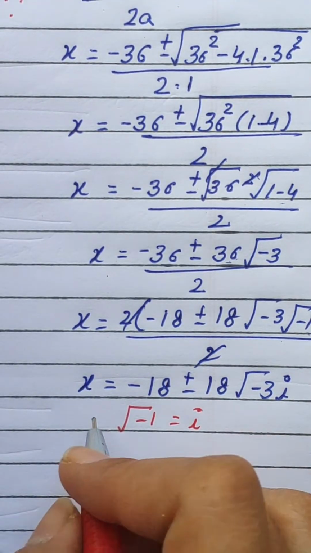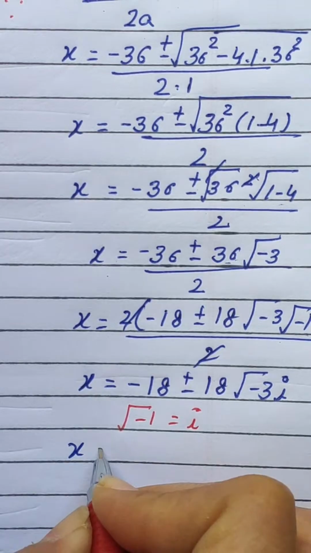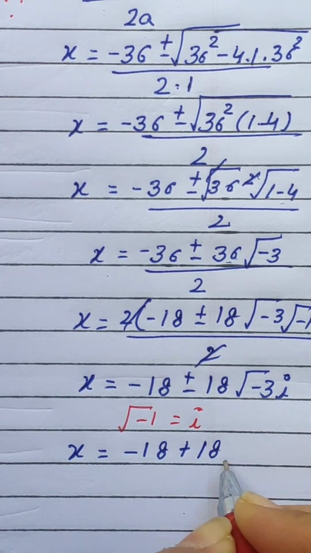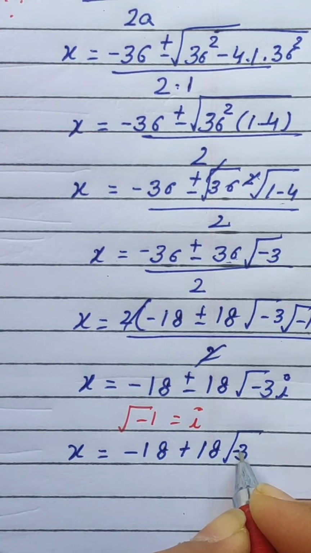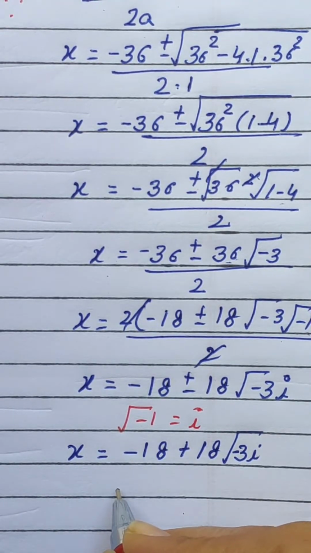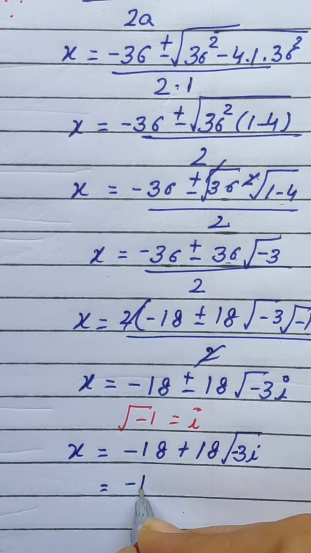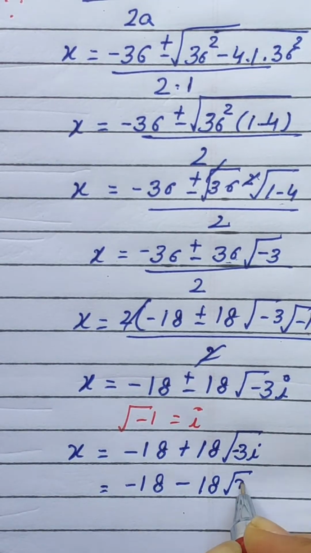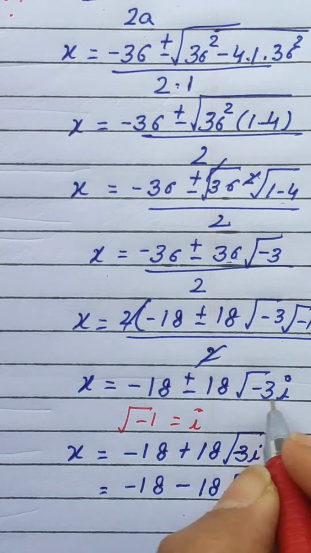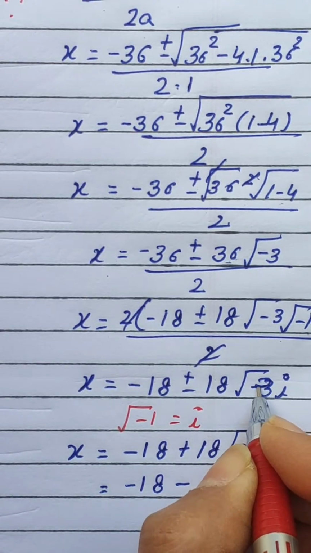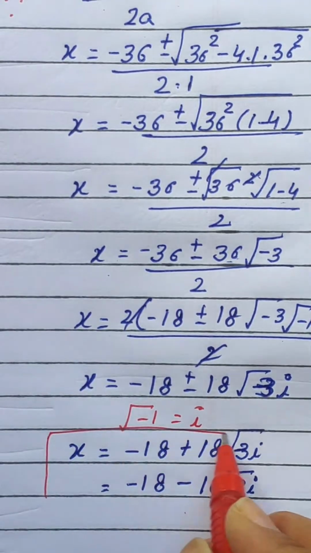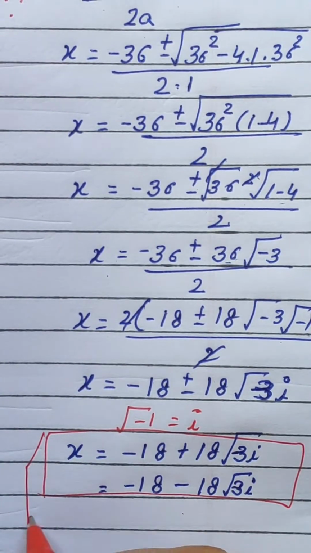So now your answer is x is equal to minus 18 plus 18 root 3 i, or minus 18 minus 18 root 3 i. We took the common factor. Okay, so maybe this will be your answer.